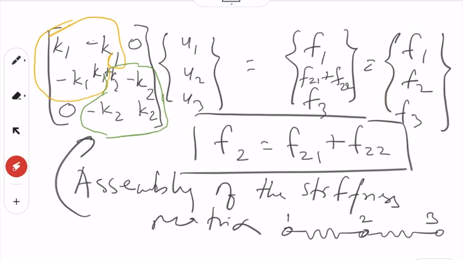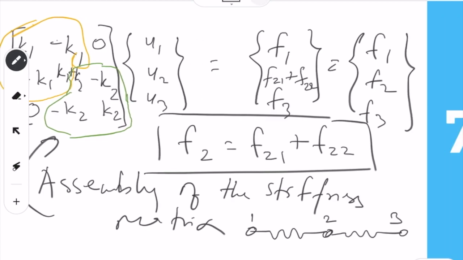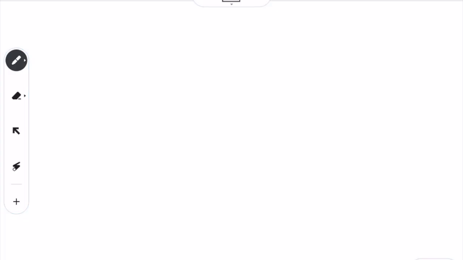Okay. So basically this is how we assemble, and we could have assembled straight away instead of writing the equation. Since we have worked it out and know how it works, we can now straight away assemble for this one.